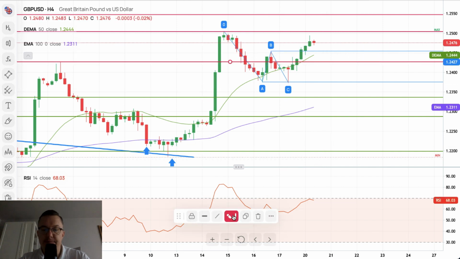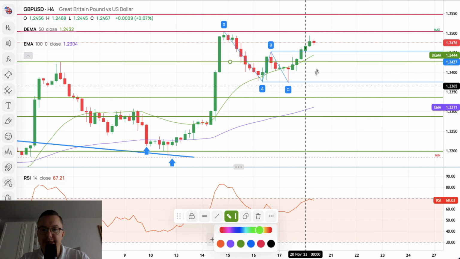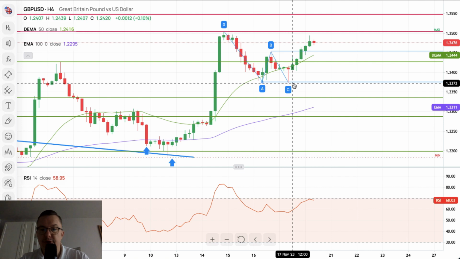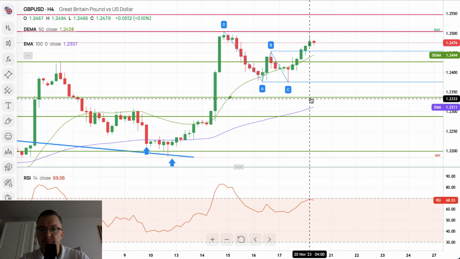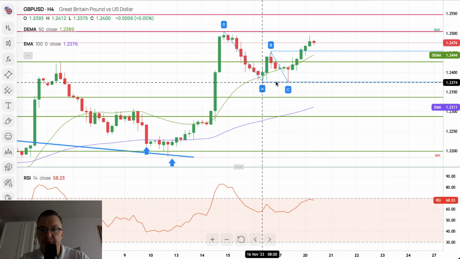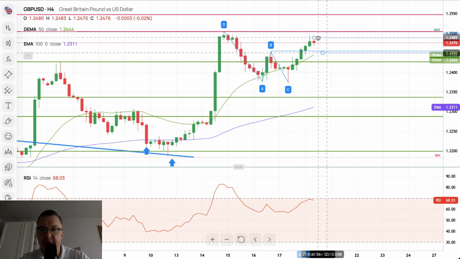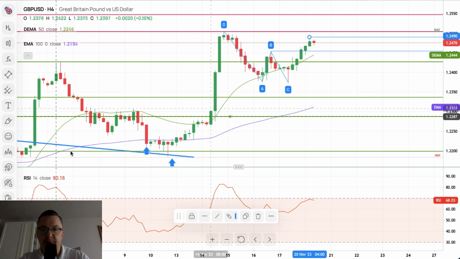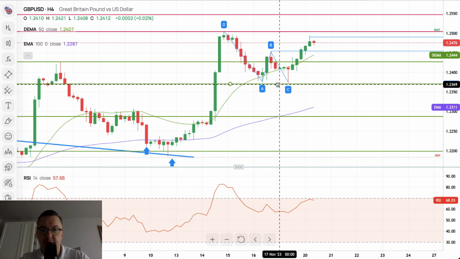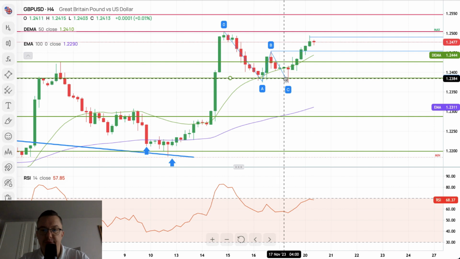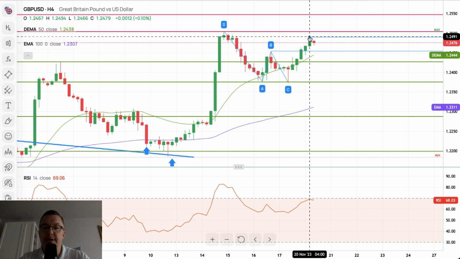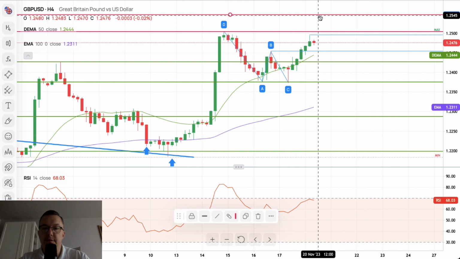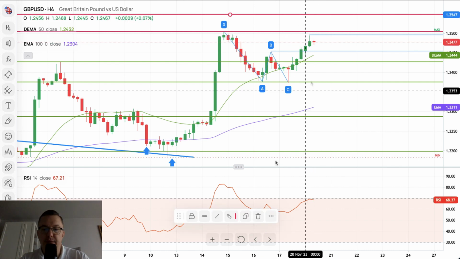This level here, 1.2427, will act as technical support as well, and of course we will leave this technical support here at the level of 1.2376. Let me just get rid of this line here, so we can switch our supports around this level. There you go. So we got everything ready on the British pound.